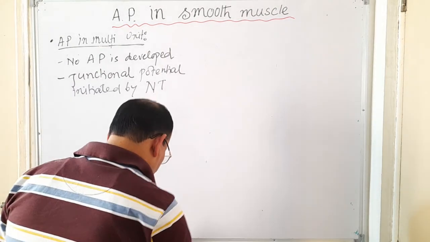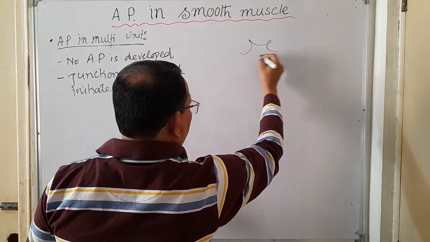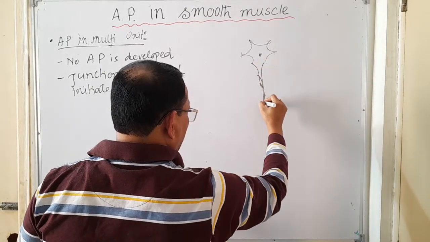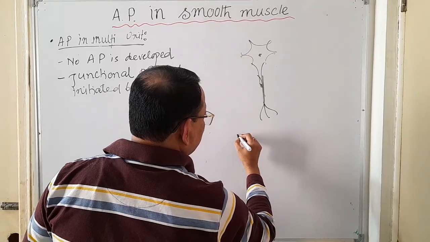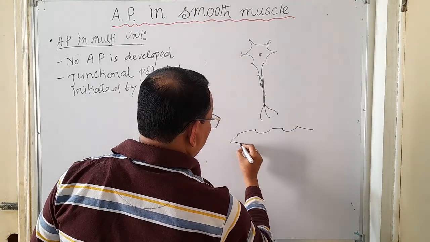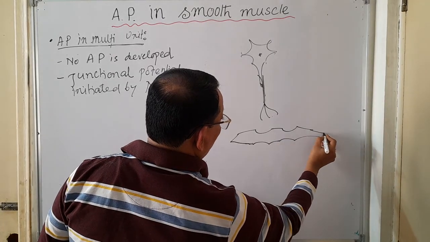So for example, here you see this is the nerve fiber, axons of the nerve fiber, axon terminals, and this is, suppose, the smooth muscle.